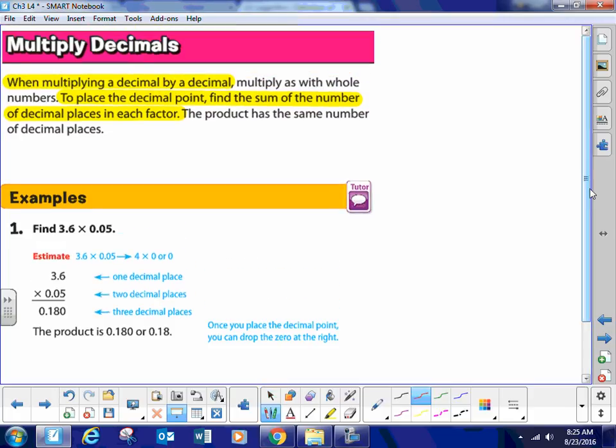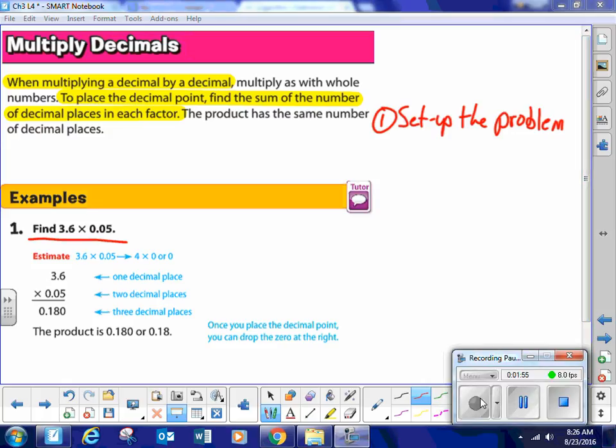On multiplying decimals, we set up the problem. Just like over here, look. We have to find 3.6 times 0.05. We don't multiply like that, right?